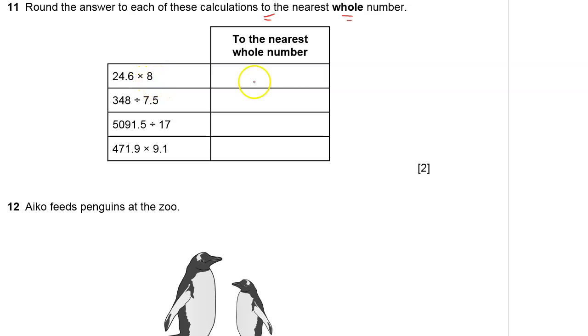The nearest whole number is 197, if you do the calculation correctly. 348 divided by 7.5. The nearest whole number you will get is 46. 1591.5 divided by 17. The nearest whole number you get is 300. And 471.9 times 9.1. The nearest whole number you get is 4294.